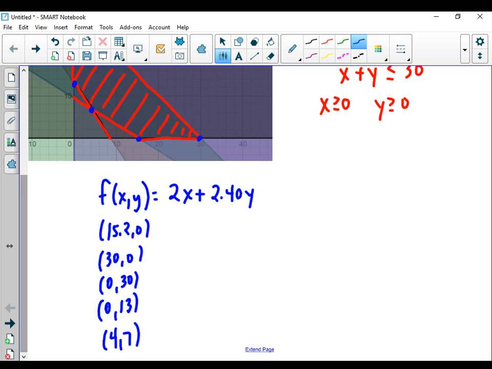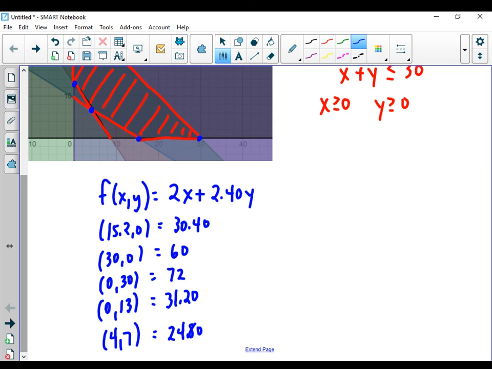Plug in the x for x, plug in the y for y, and these are the different prices we end up with. This one we had $30.40. This one was $60. This one was $72. This one was $31.20, and this one would have ended up with $24.80.